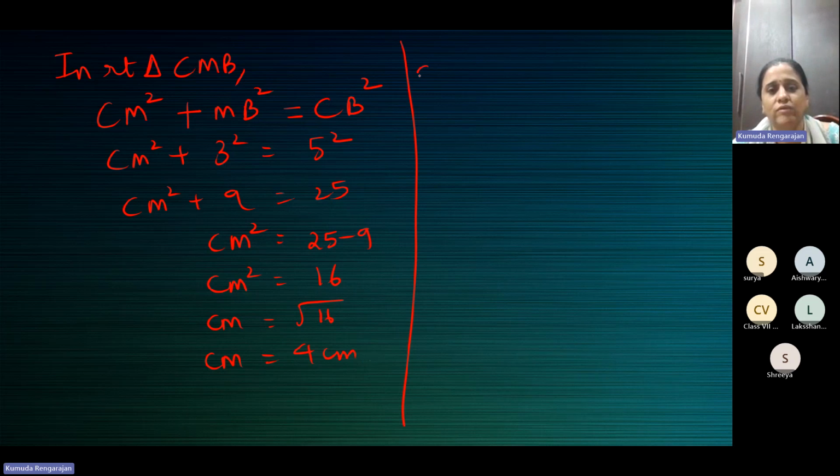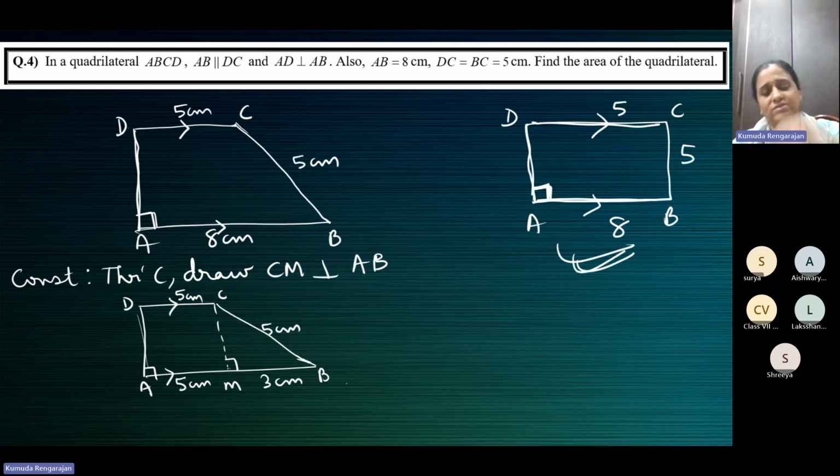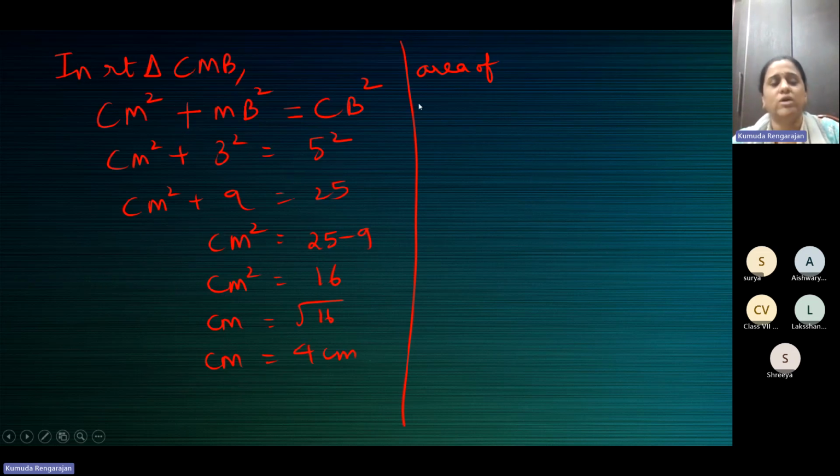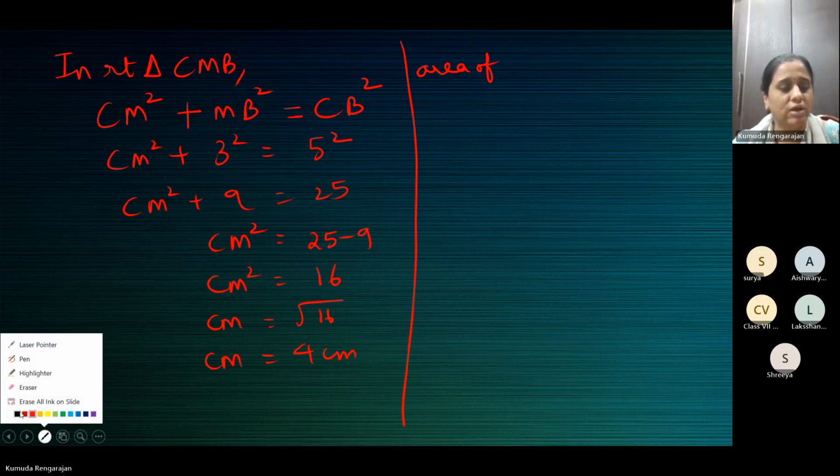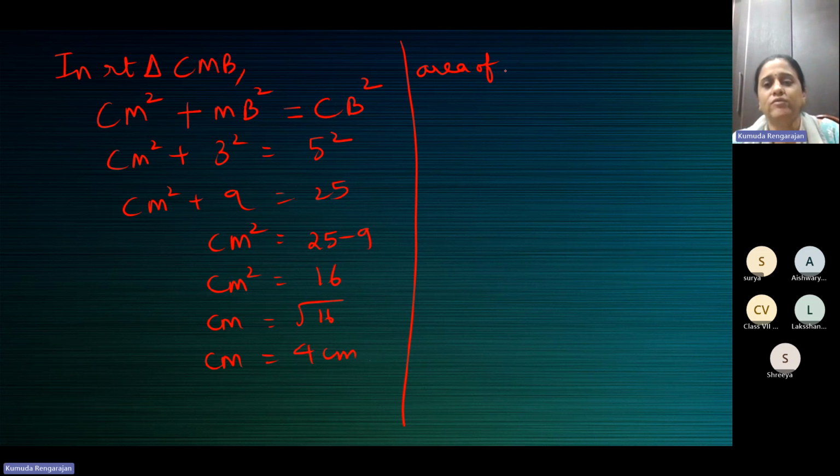Now area of quadrilateral. You can write quadrilateral or trapezium, because opposite sides are parallel. I'm going to write trapezium.